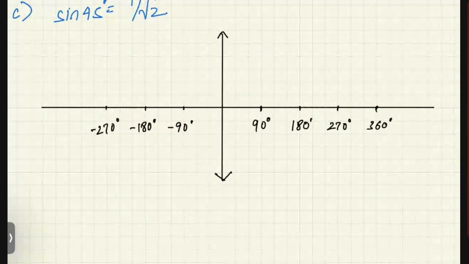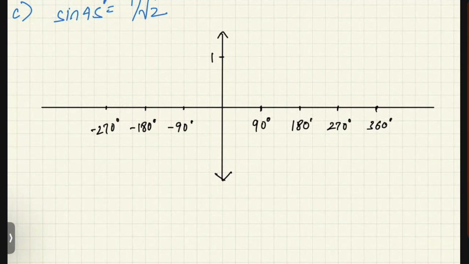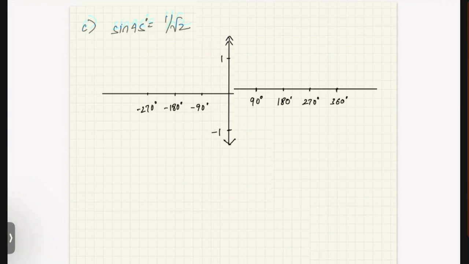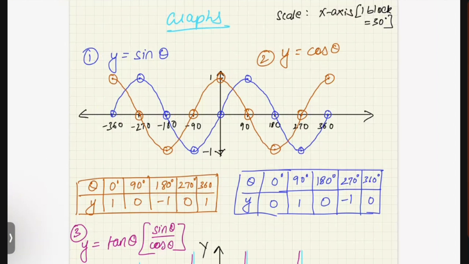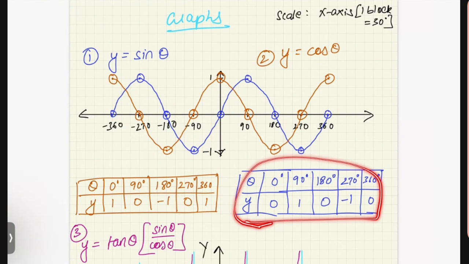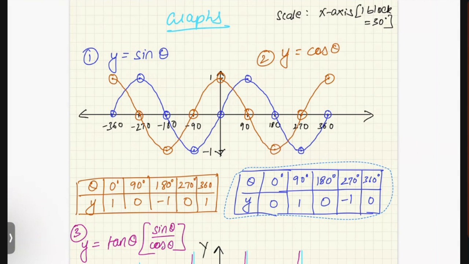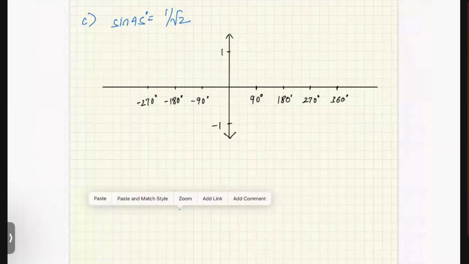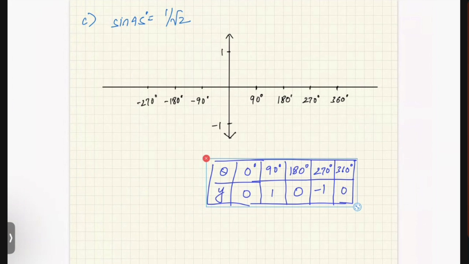And we'll fix 4 blocks as 1 unit. Now you already know the curve. Just to show you, the blue one is the sine. Let me just copy it for simplicity. Okay, this is our curve.